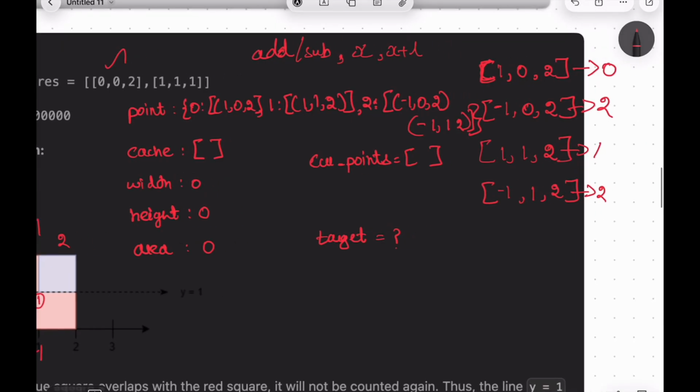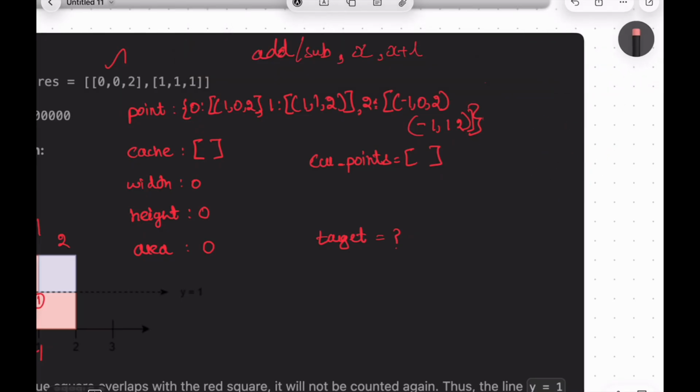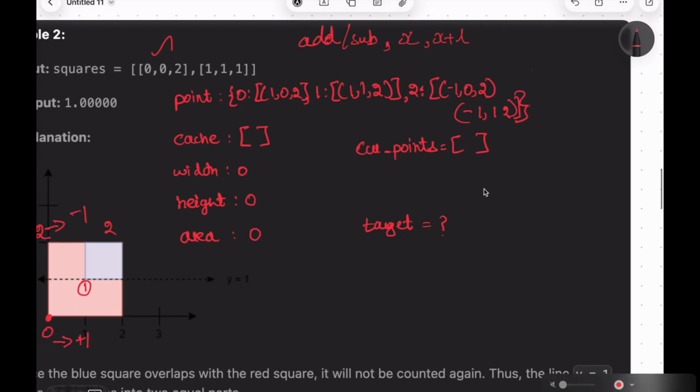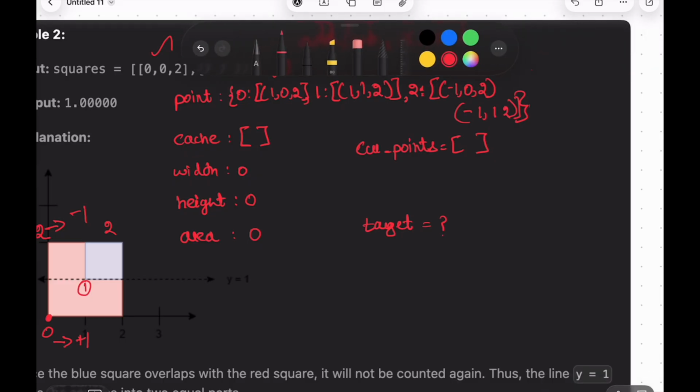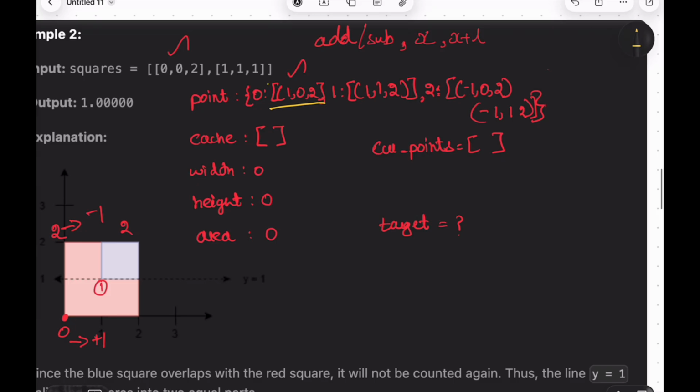Let me erase this because it's confusing here. Right, so now we can start. We have to iterate this, right? So first, let me change the color of the pen, and take this for the first iteration, and then we need to find the height, right?